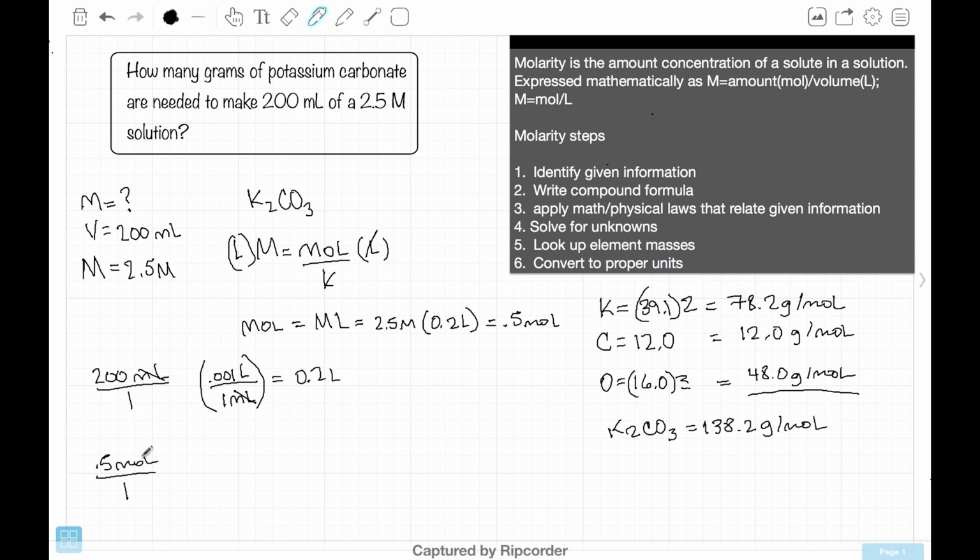We want to get rid of the moles, so we'll put moles in the bottom. 1 mole is equal to 138.2 grams. After we do the multiplication, moles cancel. You're left with grams, and you are left with 69.1 grams as your answer.